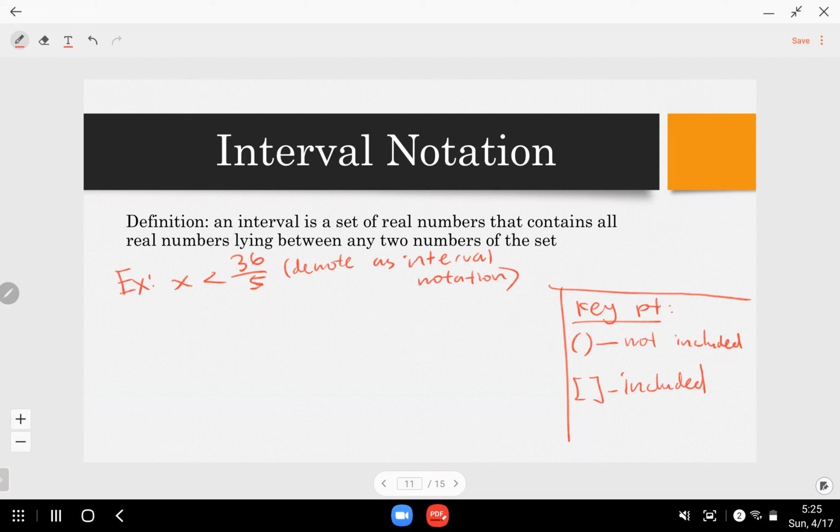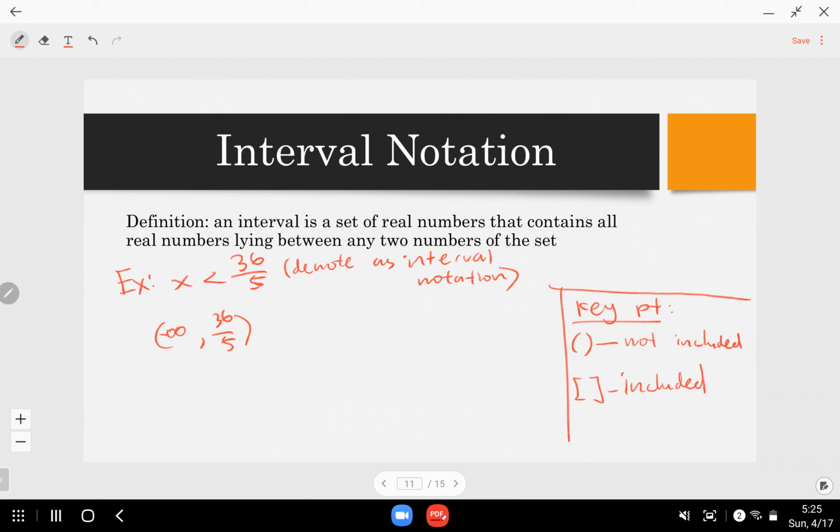On the left side of the interval notation, there are two numbers. On the left side is negative infinity, I think. And then the right side is 36 over 5. That's correct. Negative infinity to 36 over 5, because x is less than 36 over 5.